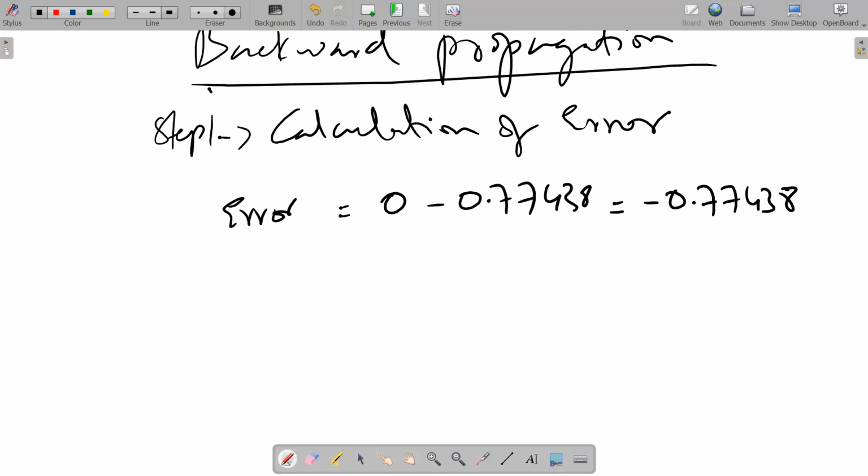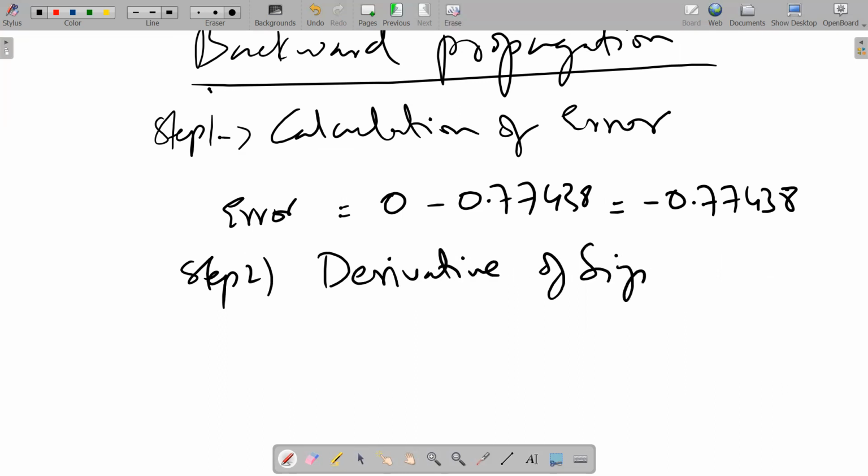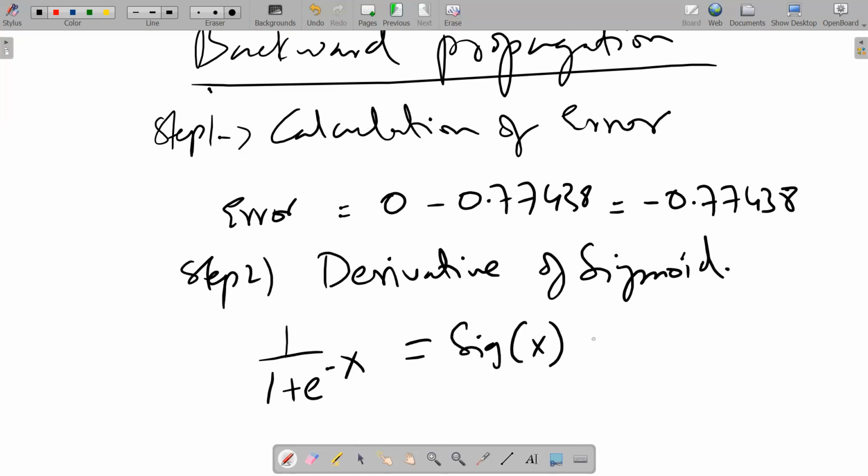Next, step 2: derivative of sigmoid. The derivative of sigmoid, 1 by 1 plus e to the power of minus x, is sigmoid of x multiplied by 1 minus sigmoid of x.